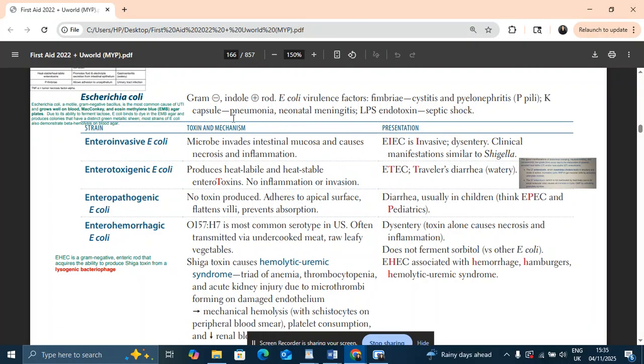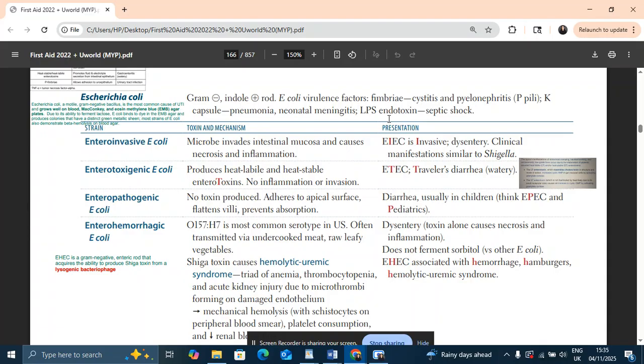K1 capsular polysaccharide prevents phagocytosis and complement mediated lysis, and it leads to neonatal meningitis and pneumonia. The third toxin you should remember is lipopolysaccharide. What lipopolysaccharide does is activate macrophages, which eventually release interleukin 1, interleukin 6, and TNF alpha.